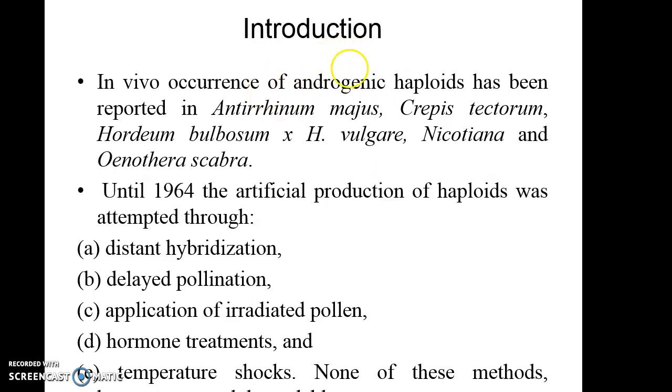So what happens in nature? The production of haploid plants is a very rare phenomenon, and it happens in some species only, not in all species. Before artificial production of plants through anther or pollen culture, these methods were tried: distant hybridization, delayed pollination, treatments like temperature shocks or hormone treatment, or irradiation of pollen grains.